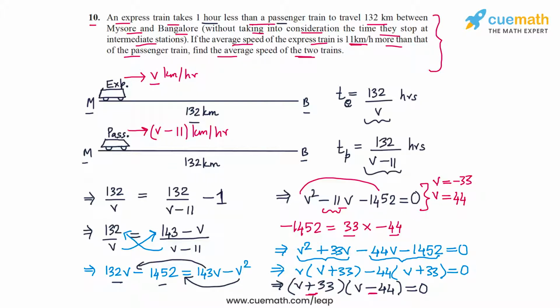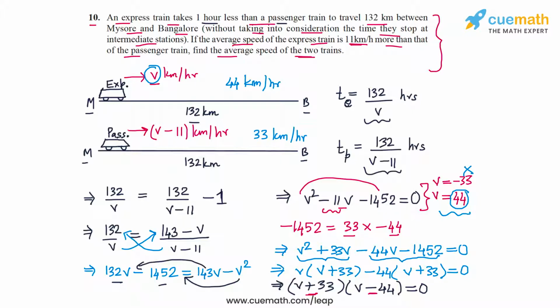So clearly the valid root in this case is v equal to 44 because speed cannot be negative. So the speed v, which was the speed of the express train, is 44 kilometers per hour. The passenger train has an average speed that is 11 kilometers per hour lower, so the average speed of the passenger train is 33 kilometers per hour.